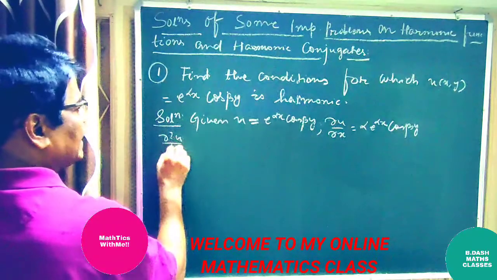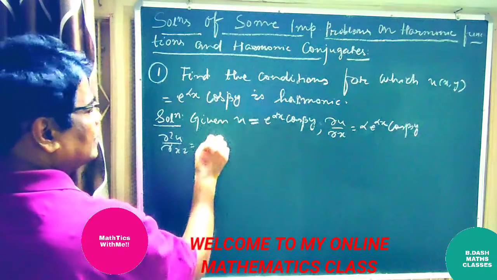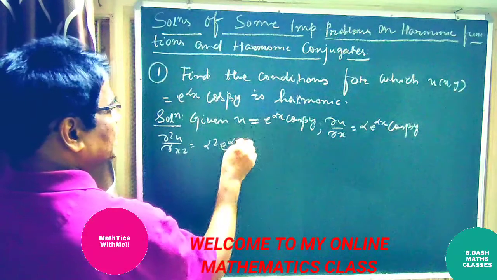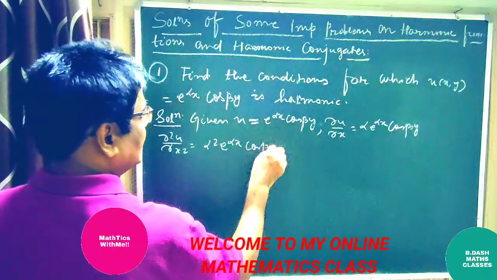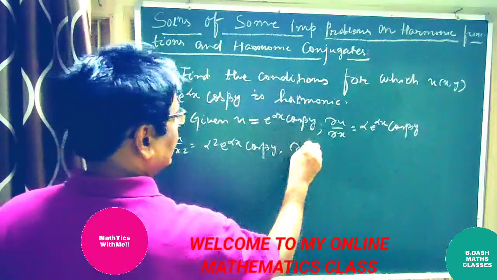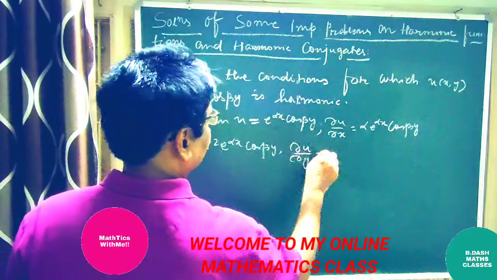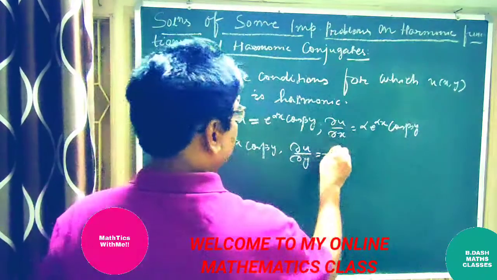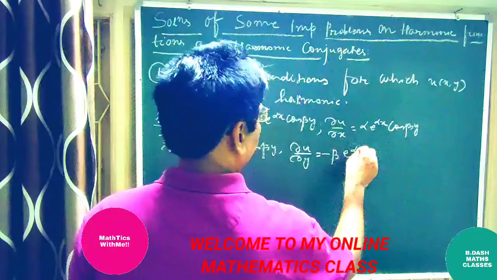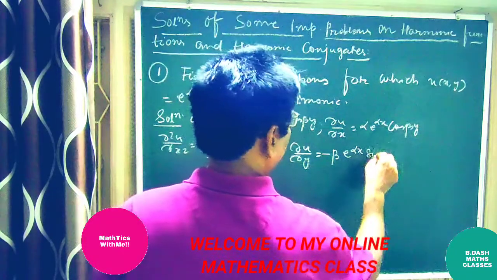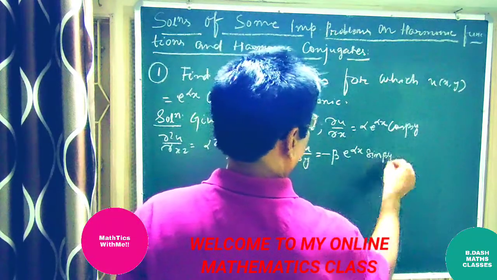Del square u by del x square is equal to alpha square e to the power alpha x cos beta y. Del u by del y is equal to minus beta e to the power alpha x sin beta y.